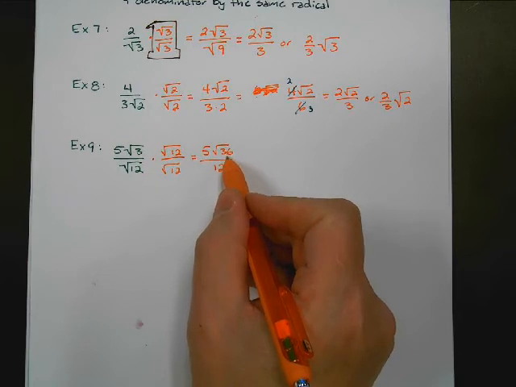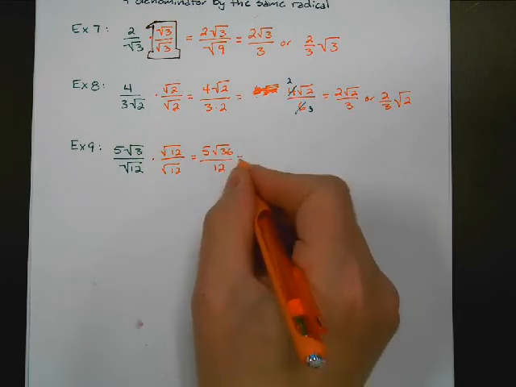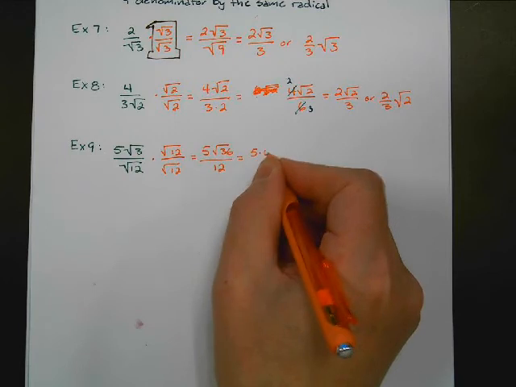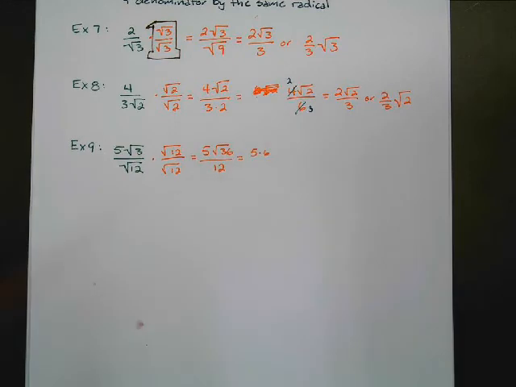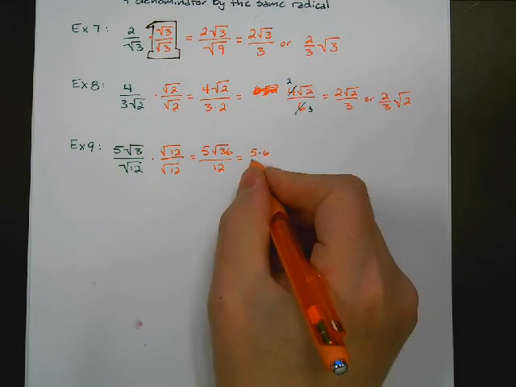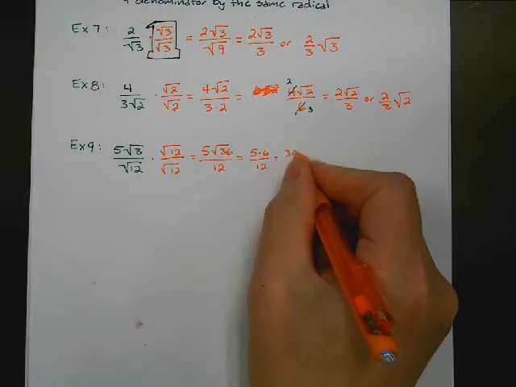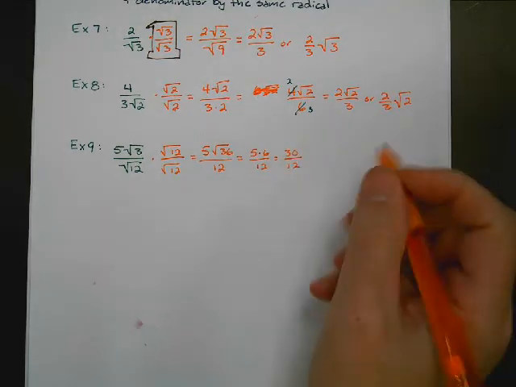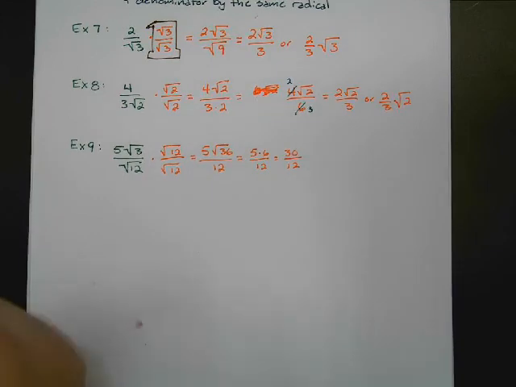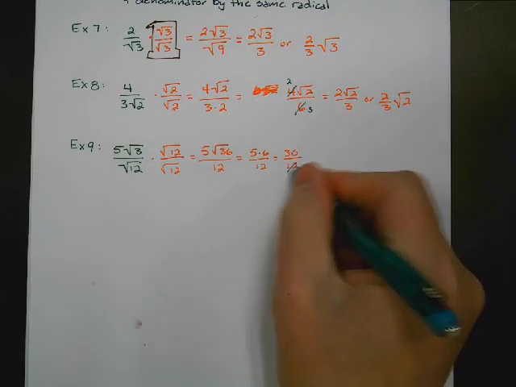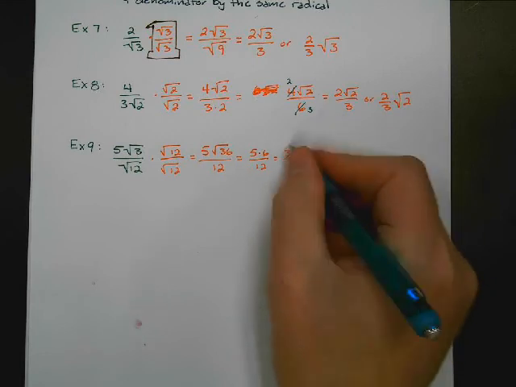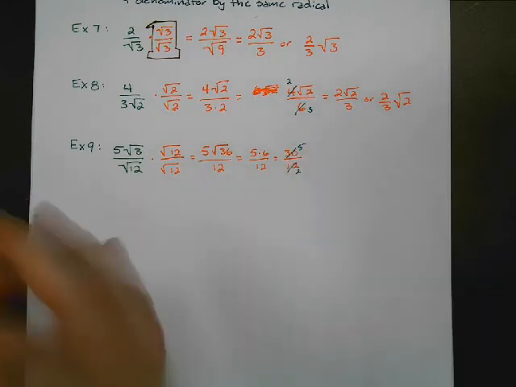Root 36 is 6. So this is 5 times 6, sorry, over 12. So this gives me 30 over 12. Wait a second, that reduces. 6 goes into 12 twice. 6 goes into 30 5 times. My final answer is 5/2.